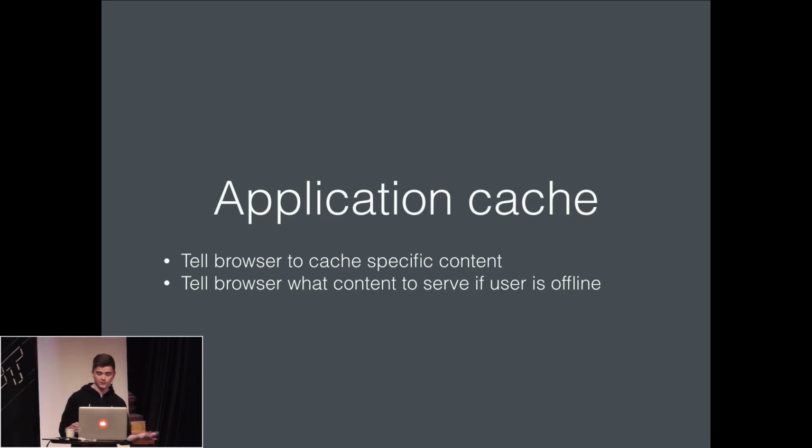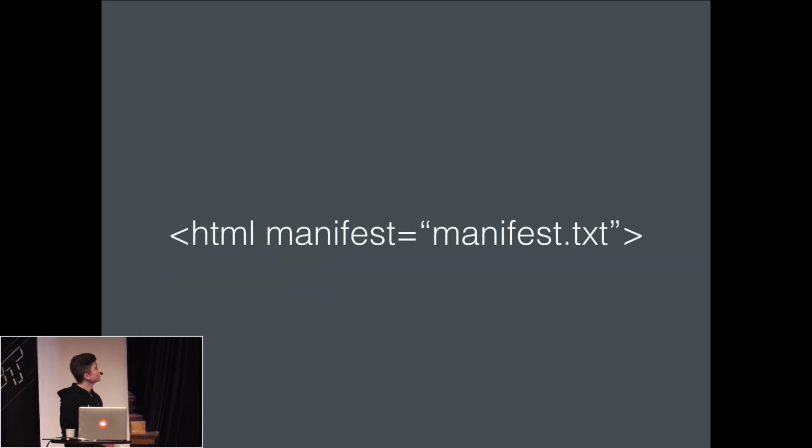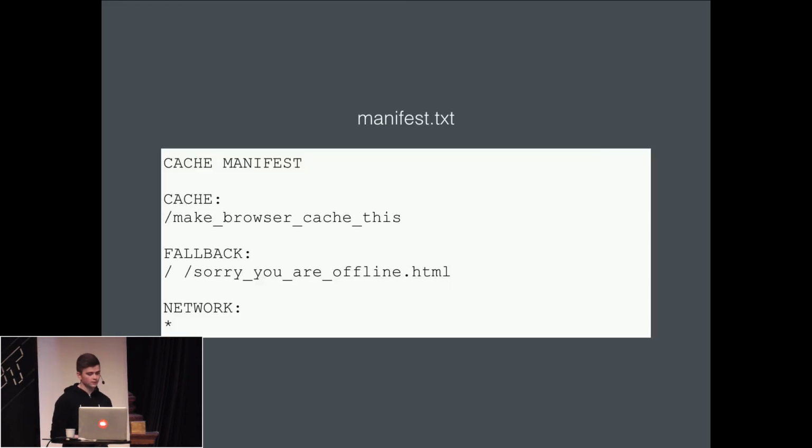And how you implement this technically is simply like this. On your HTML tag, you set a manifest attribute pointing to a file, and the syntax of application cache looks like this. It needs to start with CACHE MANIFEST, and then you have the CACHE directive, which just says to the browser, hey, you should fetch these resources and store them in the offline cache.